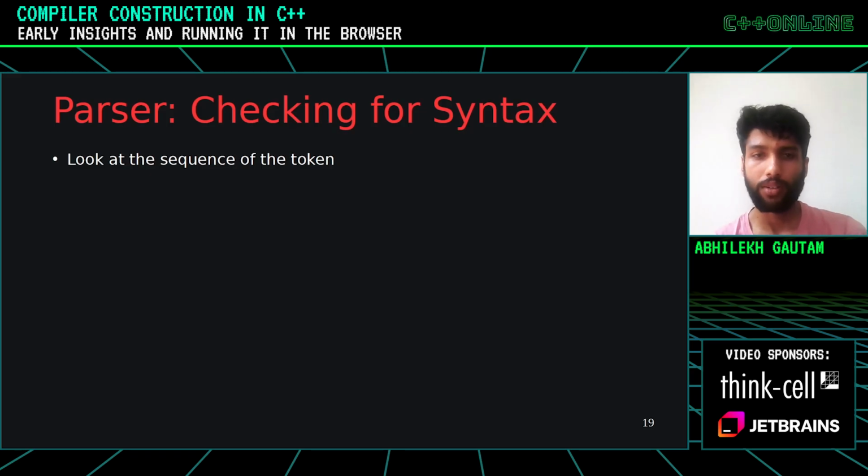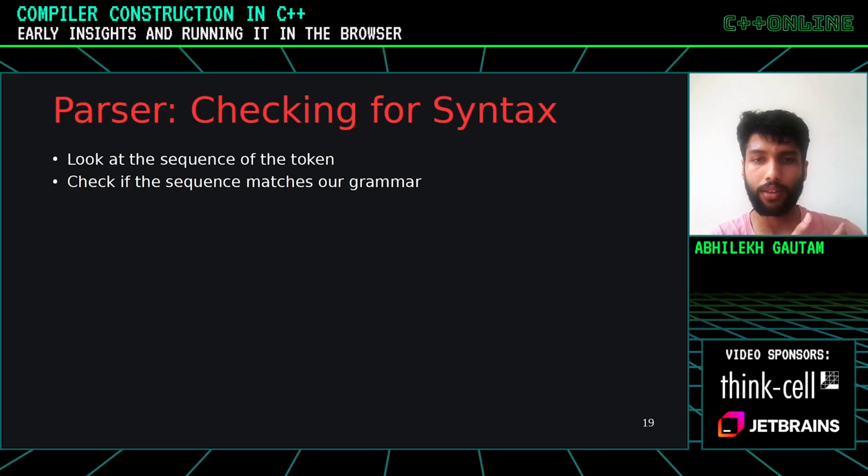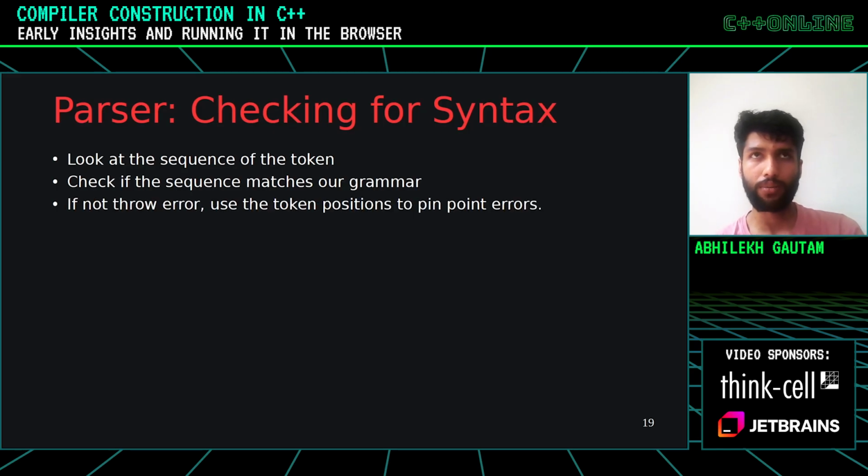What the parser does is it looks at the sequence of tokens written by the Lexer, and then checks if the sequence of tokens matches with our grammar. And if it doesn't match, it's an error. And we can just use the position we store for every token to pinpoint the error locations, right?